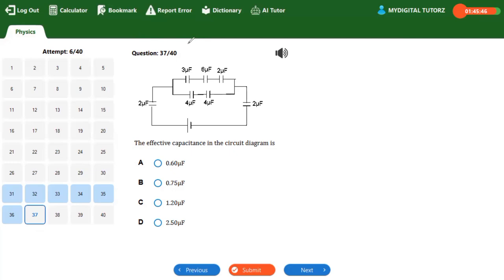For instance, the formula 1 over C total equals 1 over C1 plus 1 over C2 and so on is when it is in series. Is that clear? Okay. And the next formula, CT equals C1 plus C2 and all that, is when it is in parallel. Take note. So it's a reverse of resistors arrangement.